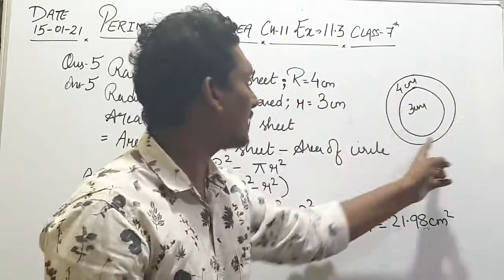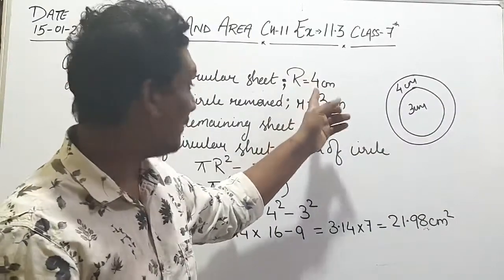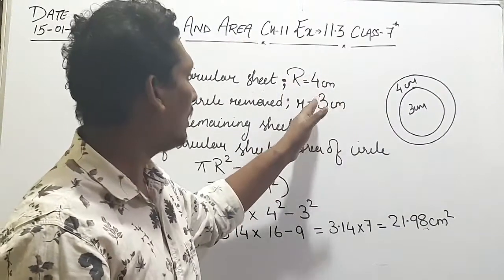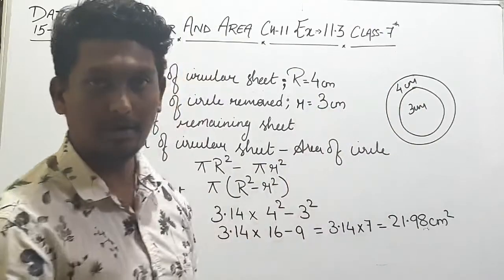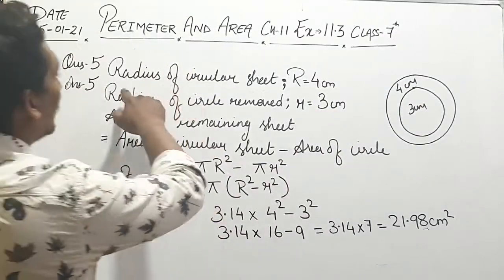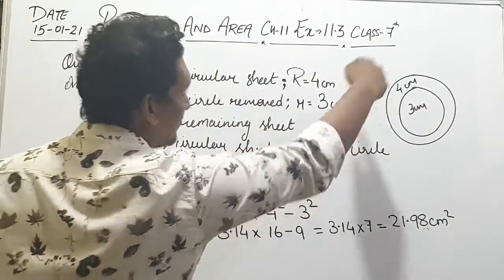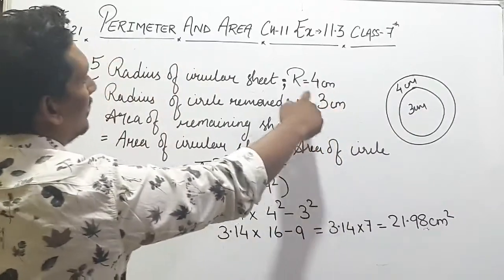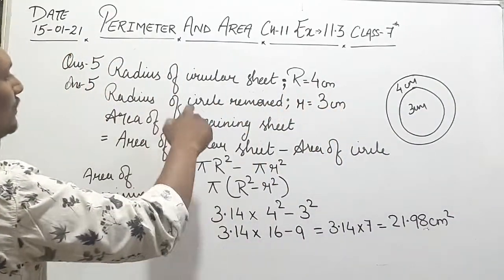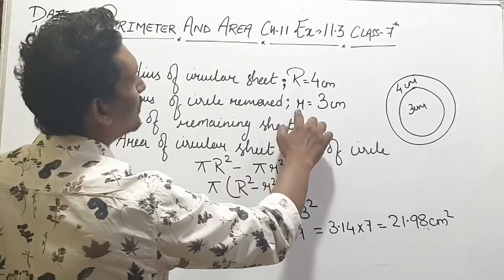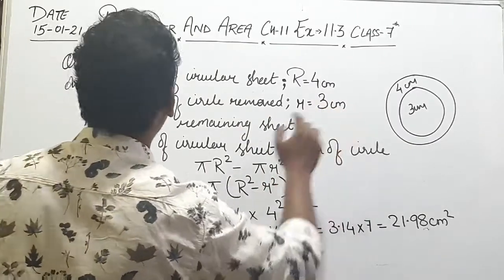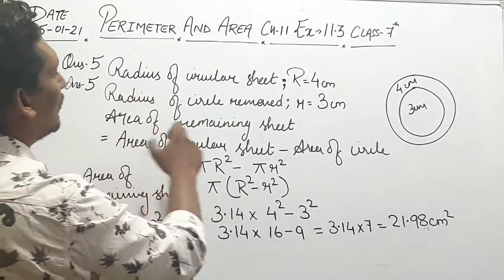For the big circle I am writing capital letter R, and for the small circle I am writing small letter r. So radius of the circular sheet, that is the big circle, is 4 cm, that is capital R, and radius of the circle removed, that is small r, is 3 cm. We have to find the area of the remaining sheet.